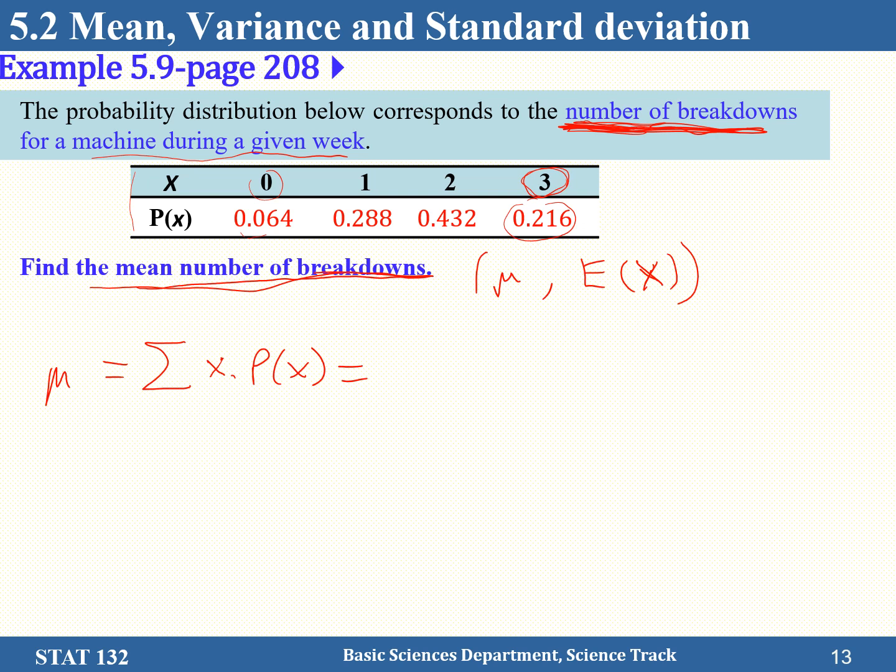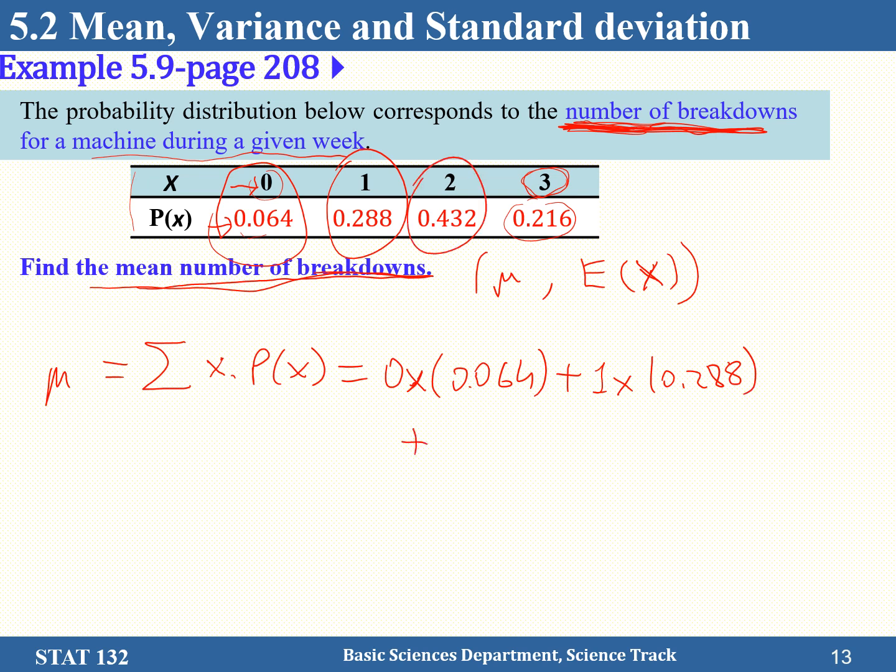So in this case, we will have 0 times 0.064 plus 1 times 0.288, and then plus 2 times 0.432 plus 3 times 0.216.